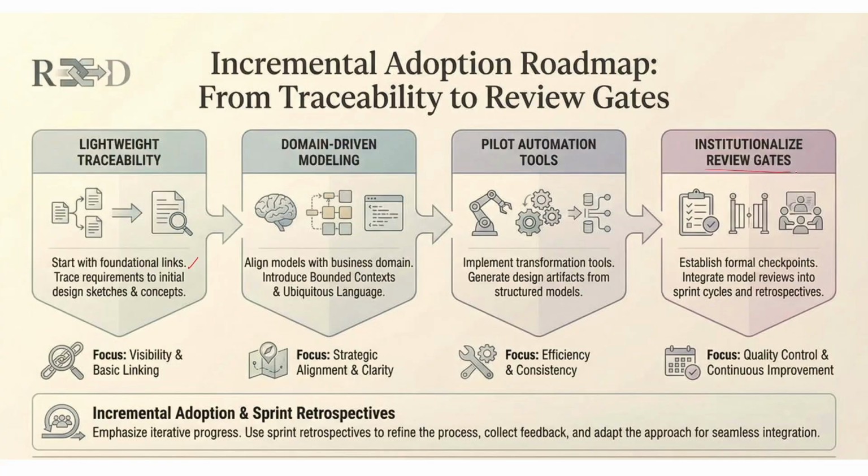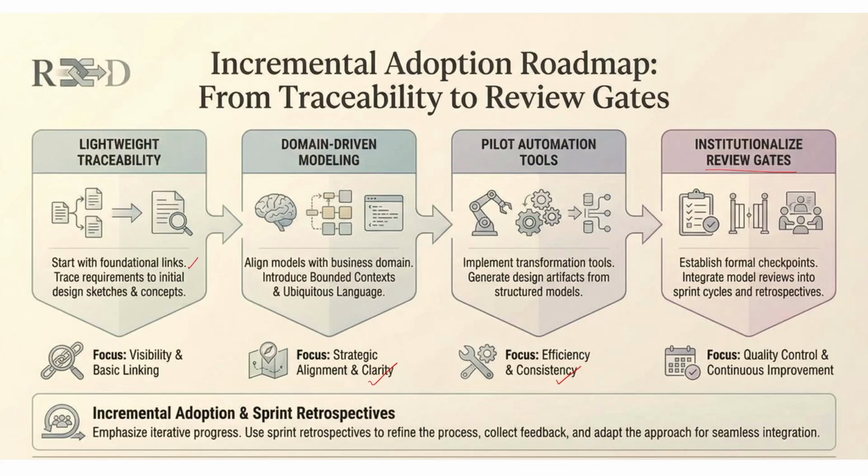Okay, so this is going to be the roadmap. You move from traceability, go to domain driven modeling, use some pilot automation tools, and review whatever we have created. So this slide is trying to provide you a roadmap from traceability to the review gates.